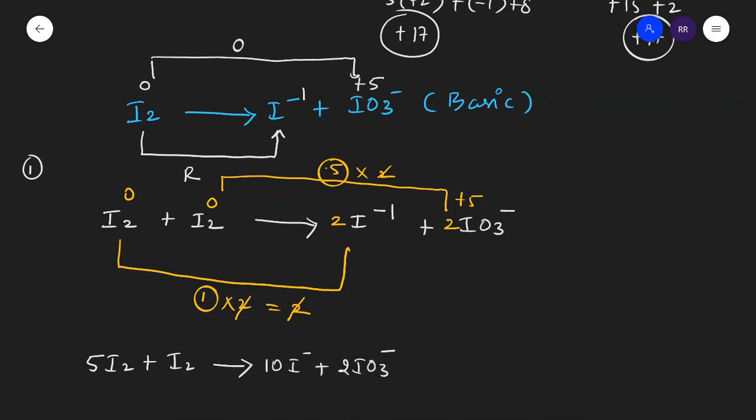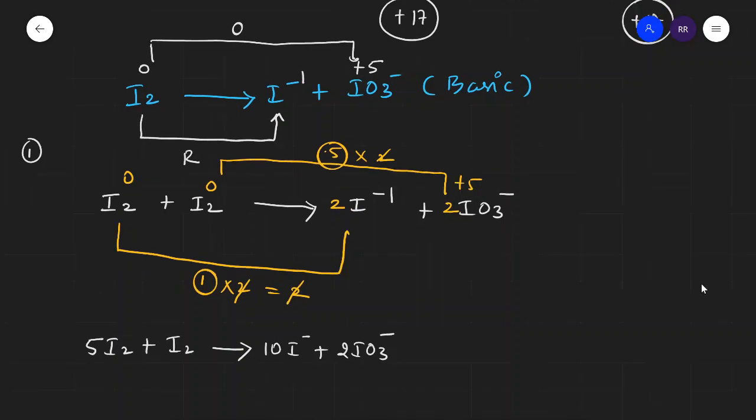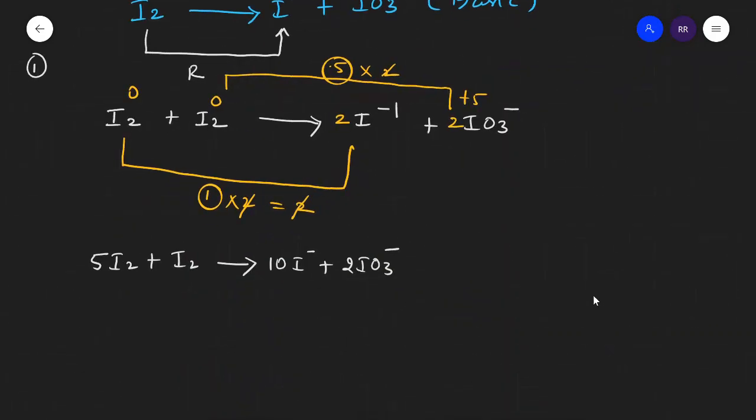Right. Now let us check rule number 5. Let us inspect except oxygen and hydrogen, whether the rest of the elements are balanced or not. At reactant side we have 12 iodine atoms, at product side also 12. So they got balanced. Now we need to balance oxygen as it is in basic medium.